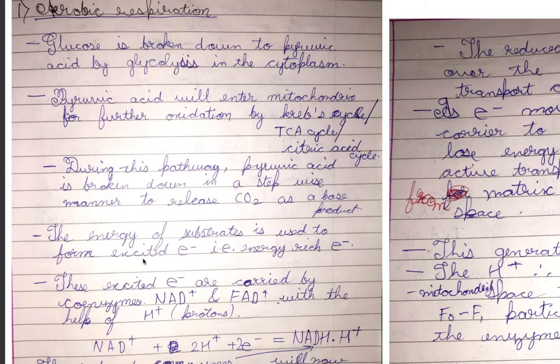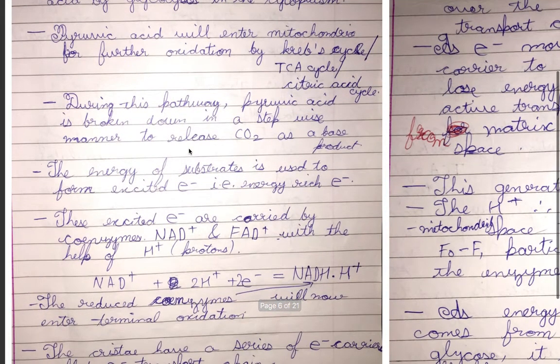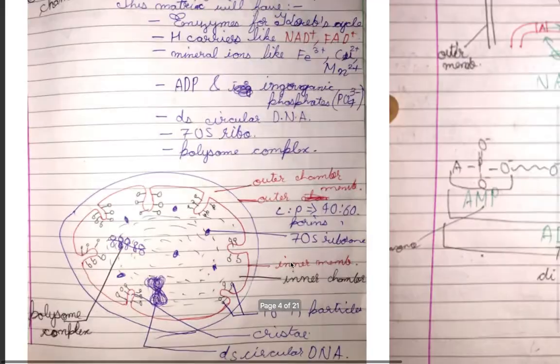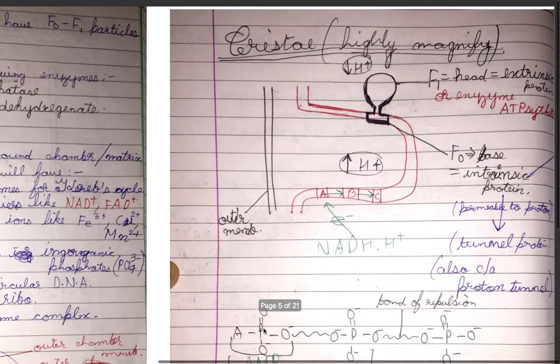The energy released is used to form excited electrons, that is, energy rich electrons. The excited electrons are carried by coenzymes NAD plus and FAD plus with the help of protons, and the reduced coenzymes formed enter the terminal oxidation inside the cristae.